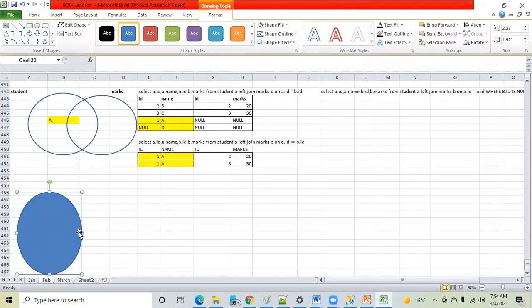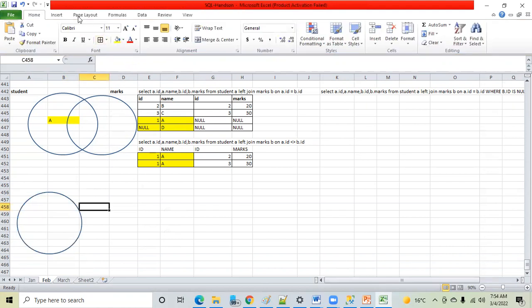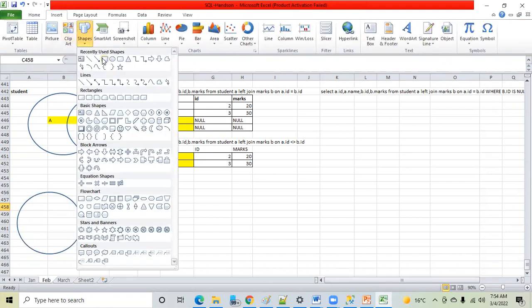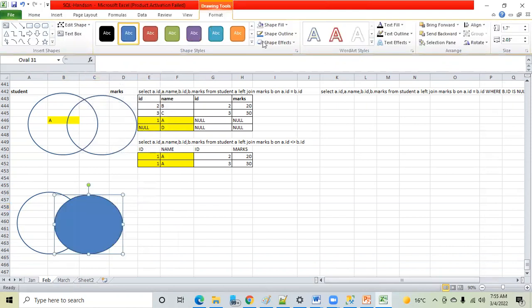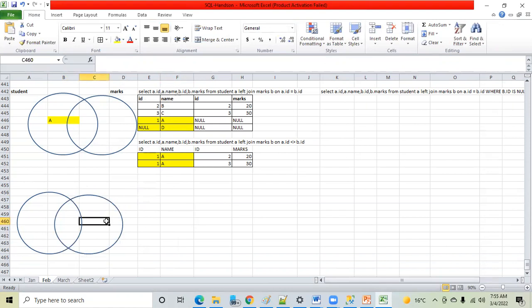The question is almost the same, but I want this area C this time. Everything is the same.